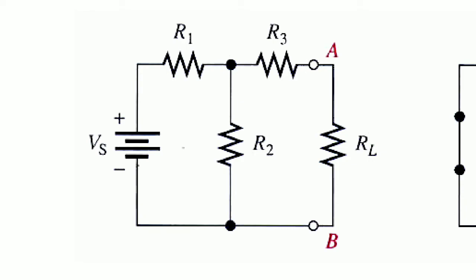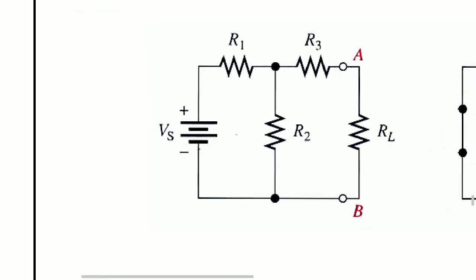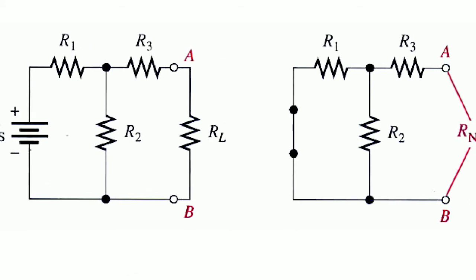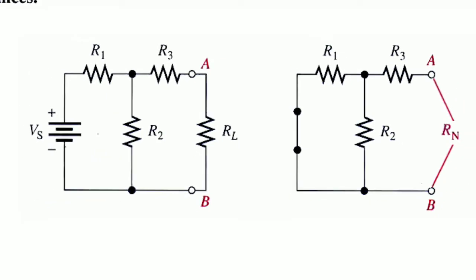Here the load resistance is RL, and the supply voltage is Vs. So observe this circuit: what is the procedure to determine the Norton's resistance? How did they calculate the Norton's resistance?